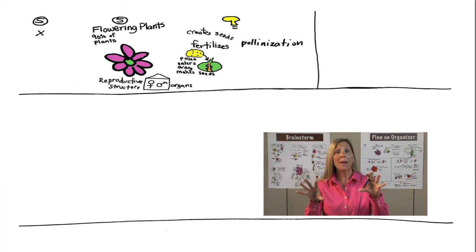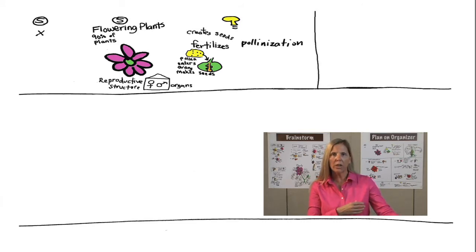We found our main idea paragraphs in our brainstorm that went together, and we said cross-pollination, self-pollination. We put those together, and then we asked, do those main ideas have to be in order or they don't have to be in order? They don't have to be in order. So we formed our thesis statement by looking at those main ideas and saying they didn't have to be in order.